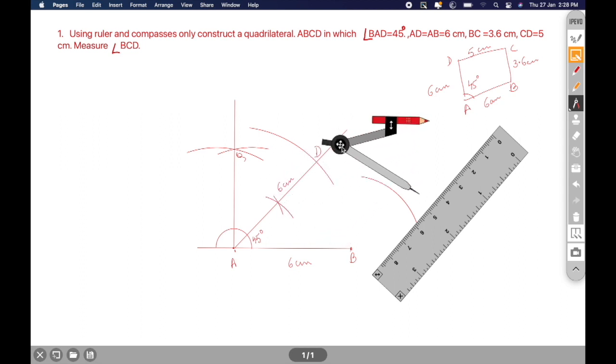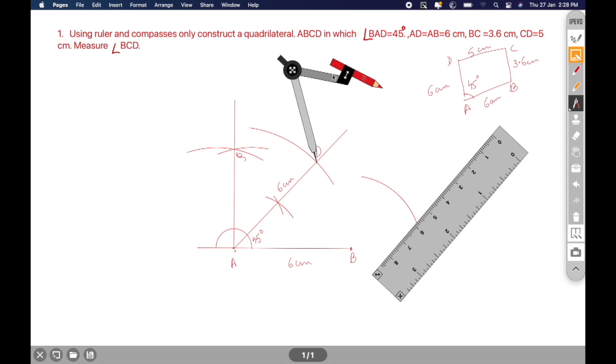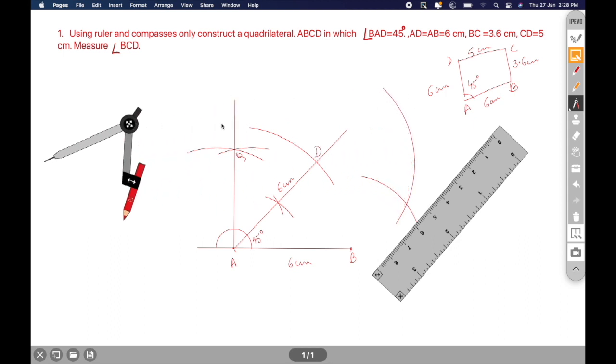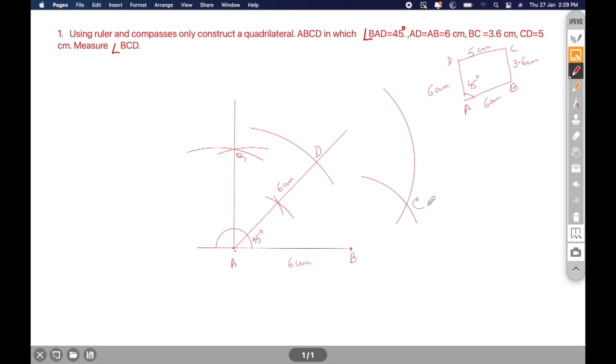Using the ruler and compass again, we measure 5 centimeter. So this is how we measure it, and this length is now 5 centimeter. So placing the compass at the vertex D and radius 5 centimeter, we cut an arc to intersect the previous arc, and thus the vertex C is also obtained here.